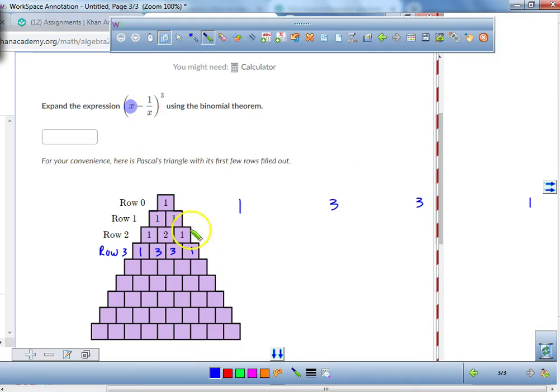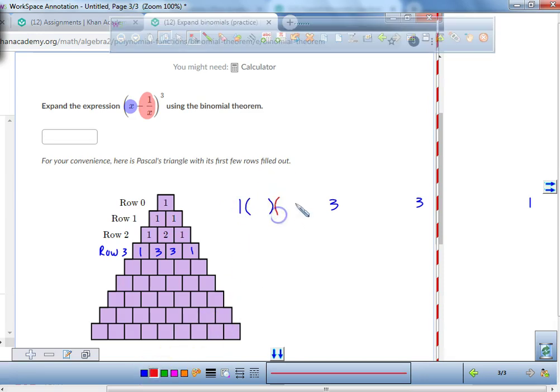I'll highlight what we have. Okay, the blue, that's the red. So I'm going to do open parentheses, and then I'll do an open parentheses. So we're going to put x, and we're going to raise it to the power of 3. We're going to put negative 1 over x to the power of 0.